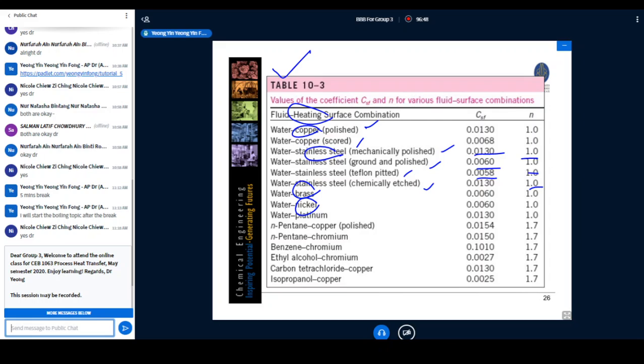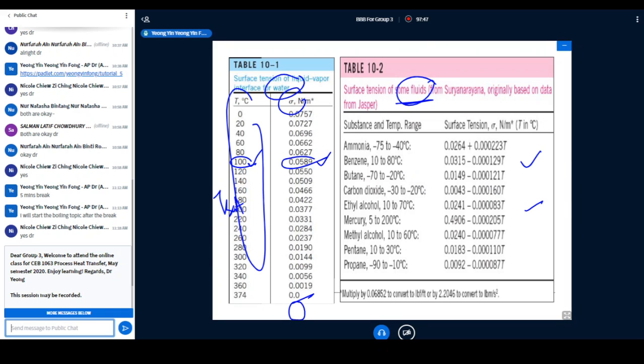If the question says ground and polished, then you need to take that value instead. All right, so three tables are important under nucleate boiling. The first one is the properties table, where all the properties are evaluated at T saturation. Followed by the surface tension table, where you need to get the sigma value. It's not the Stefan-Boltzmann constant, but the surface tension of the liquid-vapor interface.